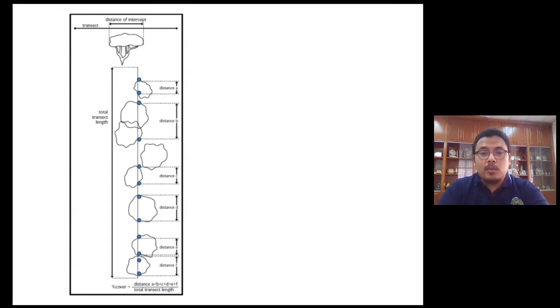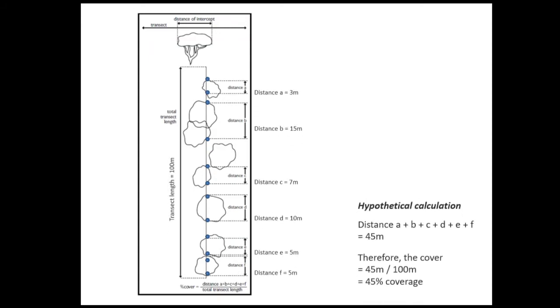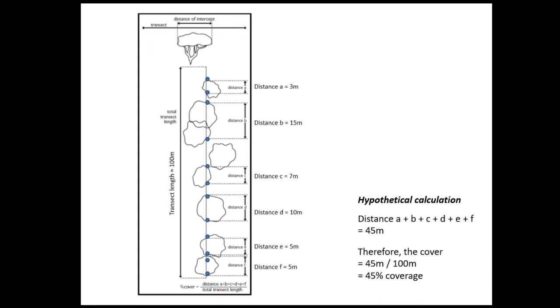When these intercepts are added and then divided by the total line length, the result is a percentage cover for that species along the transect. So you can look at how the hypothetical calculation that I made here.